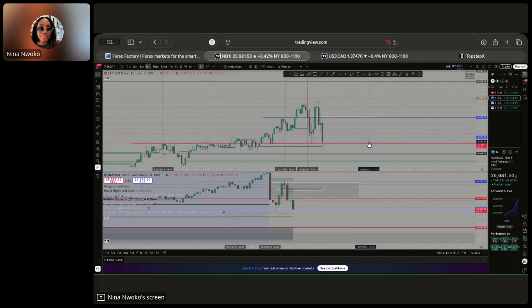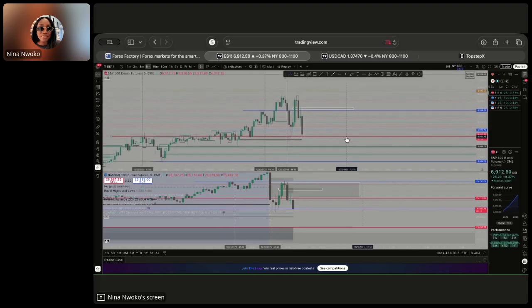Let's just keep seeing. The fact that ES has not made any, I mean, it's made this tiny one here. That's interesting. Okay, so it closed beneath.